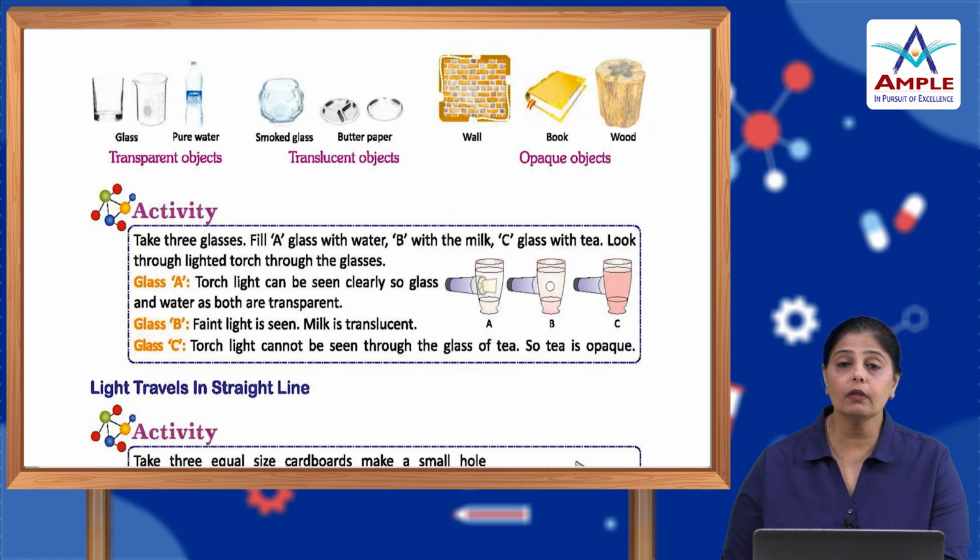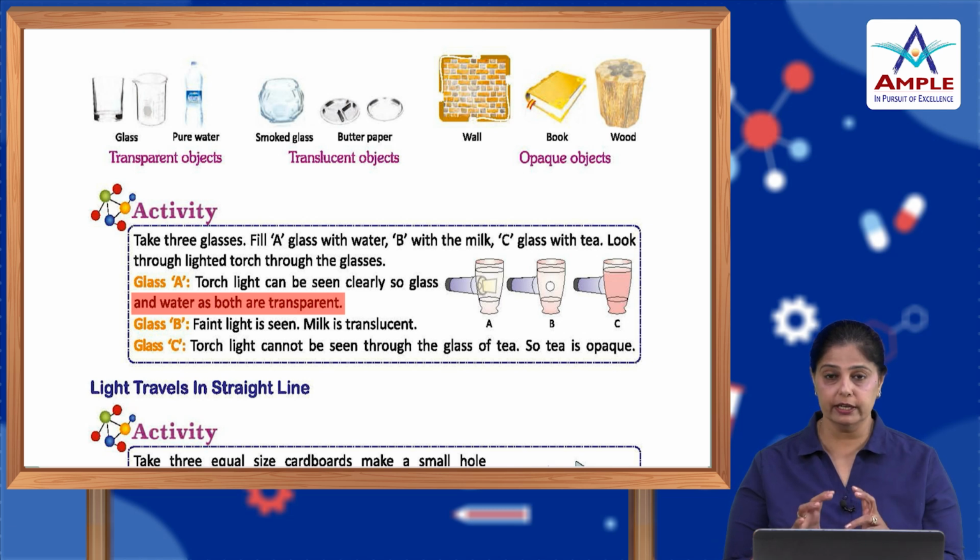Now, you need to do this activity in order to understand this. Take 3 glasses, fill glass A with water, B with milk and C with tea. Look through the glasses at a lighted torch. When you look through glass A, the torch light can be seen clearly, as glass and water are both transparent.